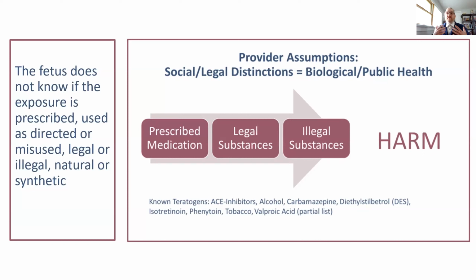From the perspective of teratogens, substances that can cause birth defects, out of the hundreds of thousands of known chemicals in the universe, only a small amount actually are teratogenic. And those that have been described are either medications we prescribe or things that are legal. None of the illegal substances are teratogenic.